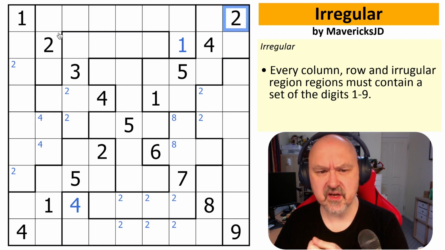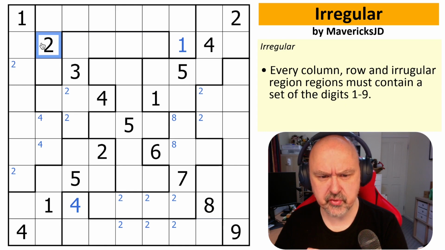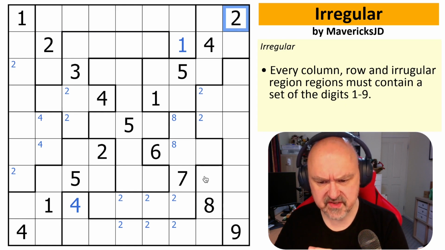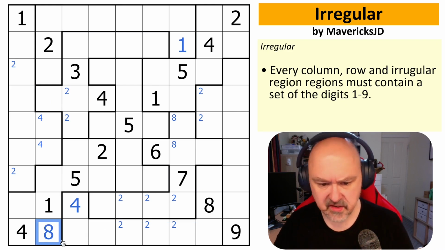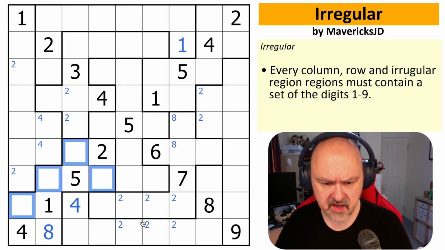And I was about to say, I don't have the same power on 8s as I do on 2s, because I've got these 2s, which gave me the restriction on 2, but I kind of do, because 8 is already in this region, so where do I put 8 in row 9? The only place I can put it is there, which has left me with a quad here.